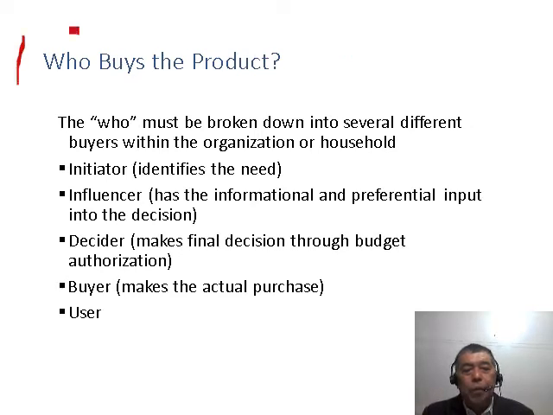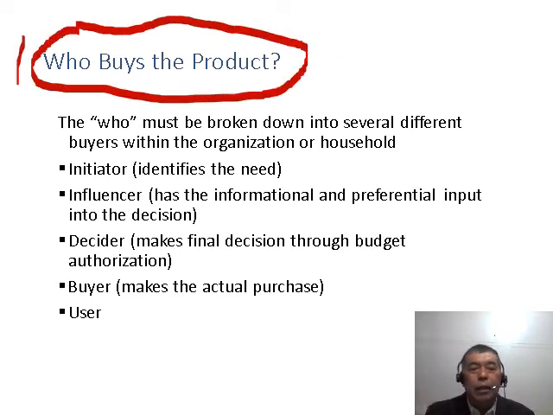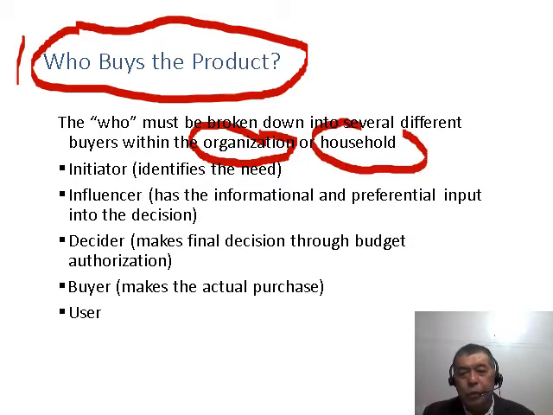First question, who buys the product? What are key points or salient points that should be learned about concept and principles about who buys the product or the service? The who must be broken down into several different buyers within the organization or household, meaning to say, organization, these are business to business, this one is business to consumer.